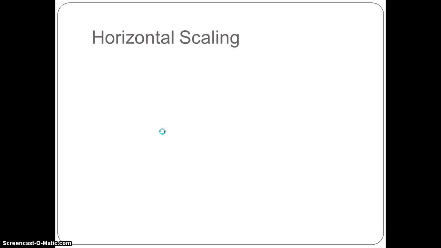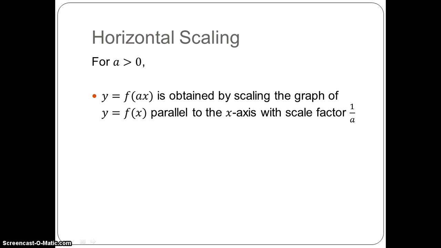This rule can be generalized. If I have a positive constant a, then the function y = f(ax) can be obtained by scaling our original graph of y = f(x), parallel to the x-axis with a scale factor of 1/a.